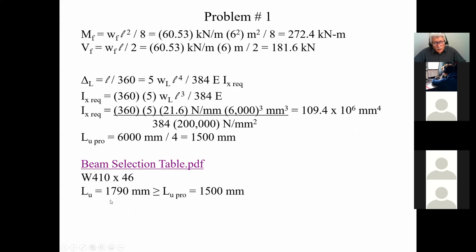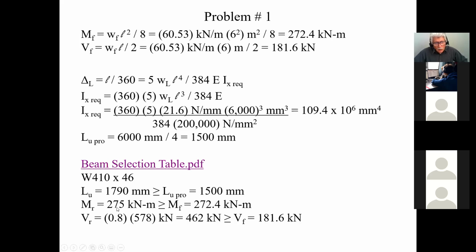And of course, now the LU, in order for me to use the bold MR value, has to be less than 1,790. I have the LU 1,500, therefore I can use the MR value that's in the very first column, 275 versus 272.4. And like I said, always take the VR value and, as good practice, multiply it by 0.8.